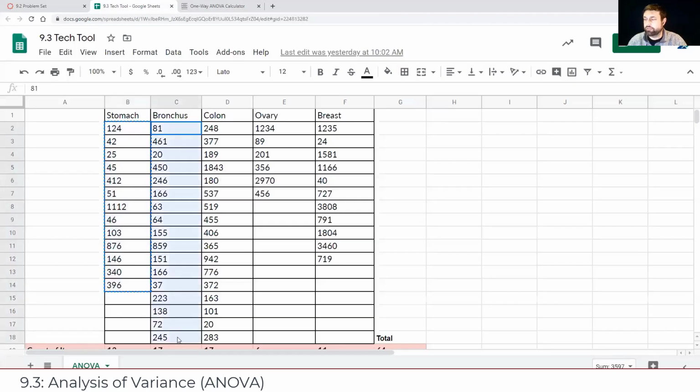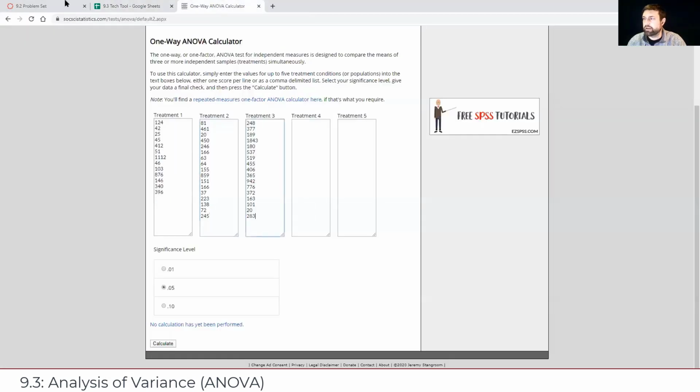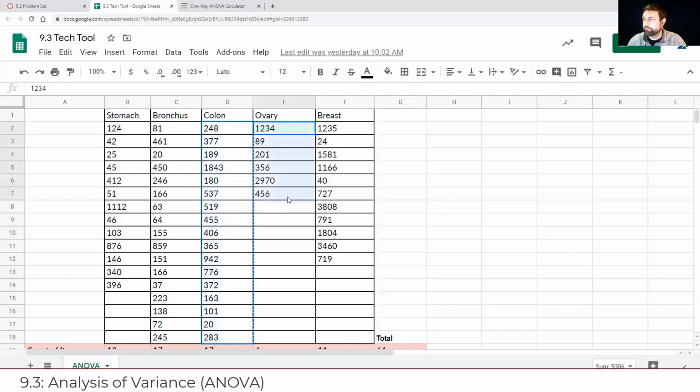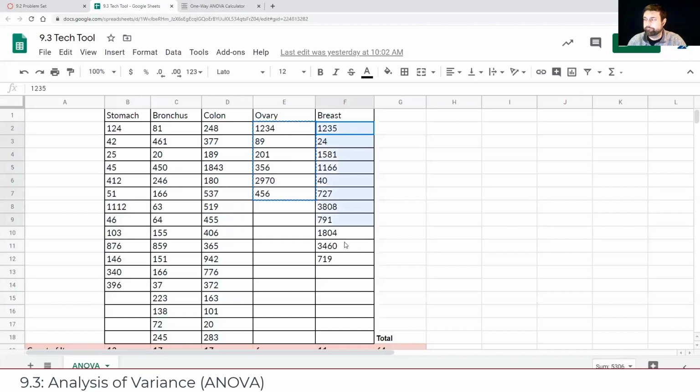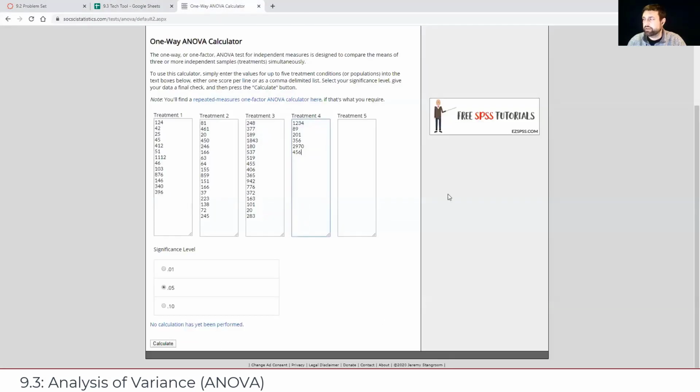Then I'm going to highlight the bronchial cancer information, and we'll paste that. Then I'll do the 3rd column, we'll paste that. The 4th column, we'll paste that. And then the 5th column, paste that. So now I have all of my data in the website.